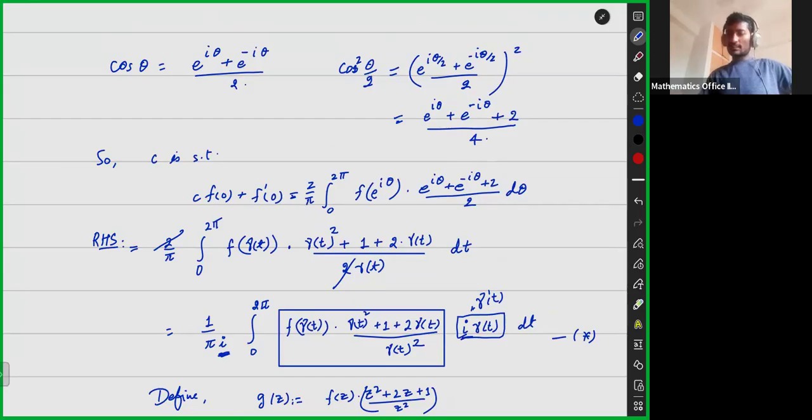You see here, this is not 2, it is 4. It is 4, right? Cos square theta. And when we cancel this 2, this is not cancelled. It was initially 4, but it becomes 2. So here you are getting 1, now here you are getting 2.